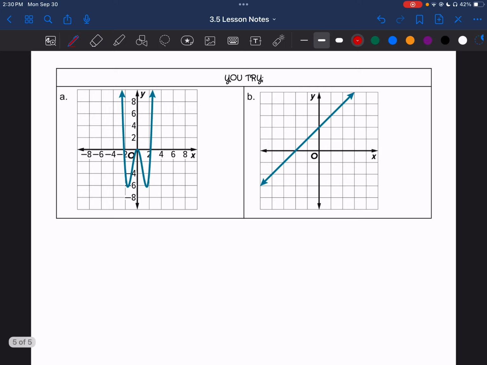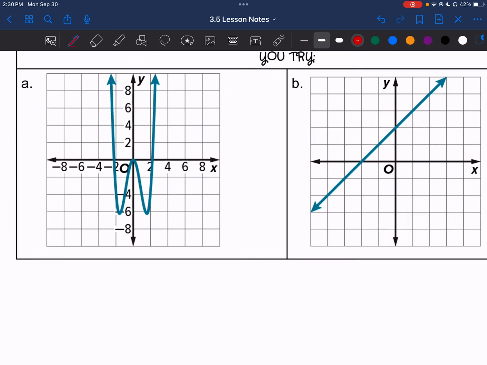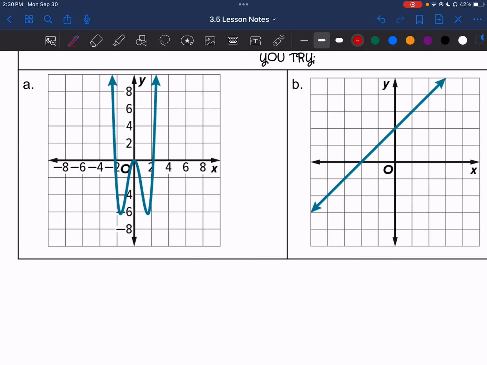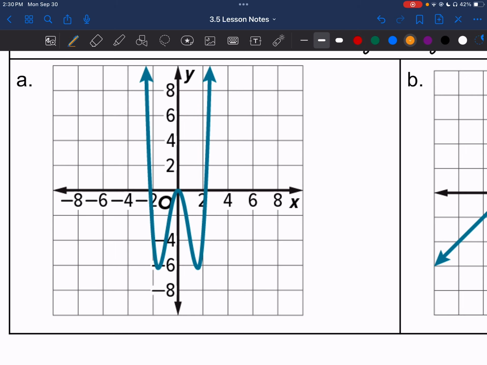All right, turn to the last page. There are two final U-try problems. Please go ahead and do those. So letter A, we'll start on our left side. As x decreases, our y values are going to increase.